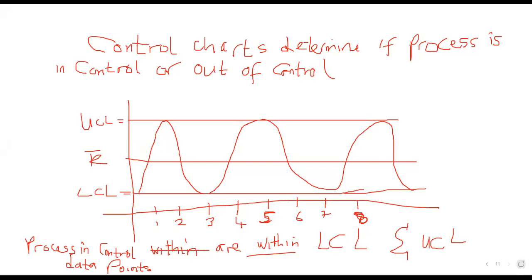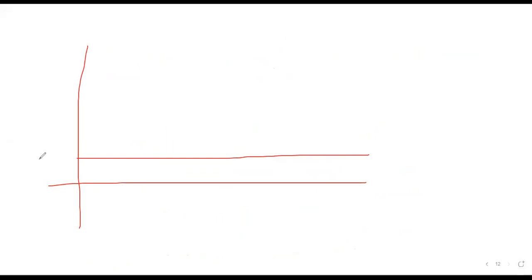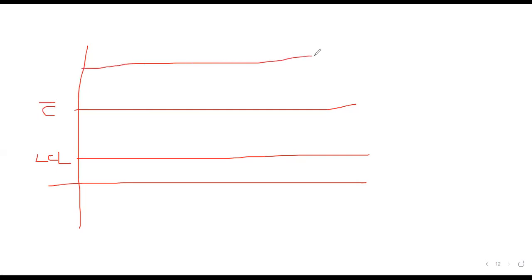Getting down to the other one, we can have this kind of arrangement where we have the lower control limit, and then this one is our C bar, our C chart, and then here we have the upper control limit.